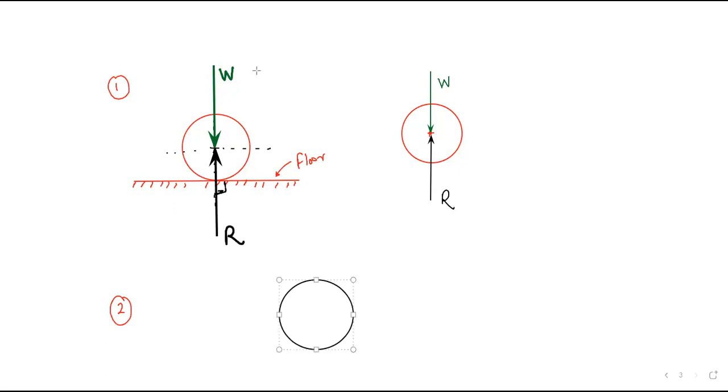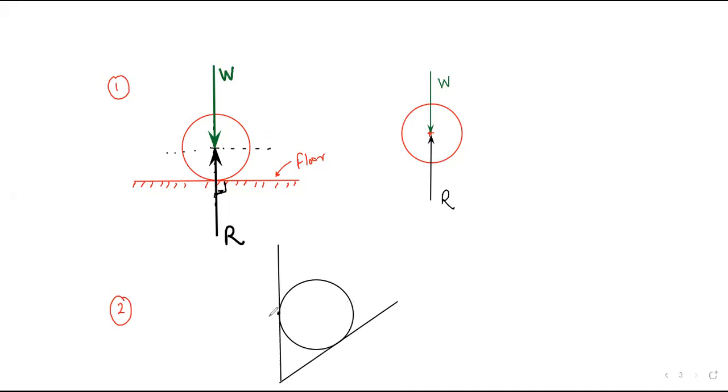Now this is one line. It is like this surface, and the second surface for this sphere will be like this. These are the two contact points.